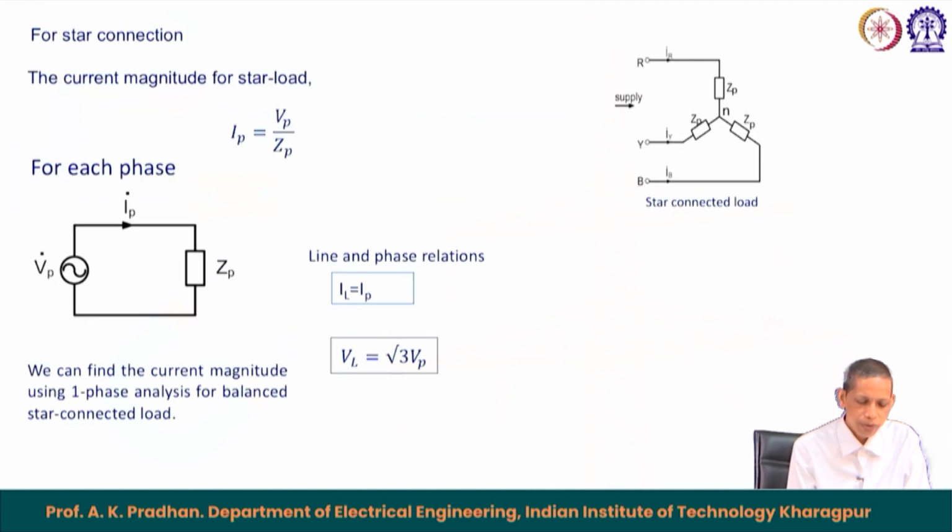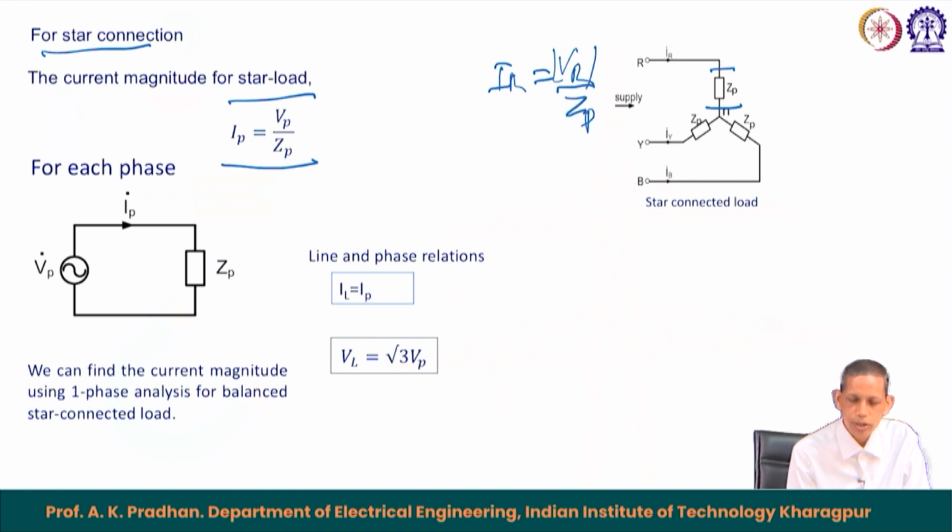Moving forward, for the star connected system, the corresponding phase current becomes equal to Vp by Zp. So, we know that the corresponding IR current, let us say, becomes equal to the VR voltage by the corresponding Zp, the impedance.